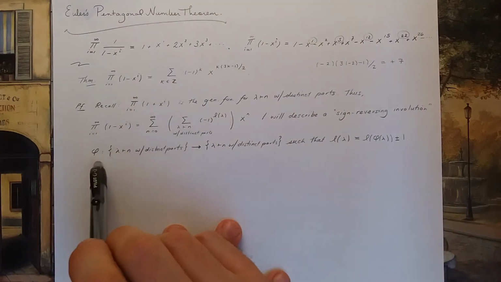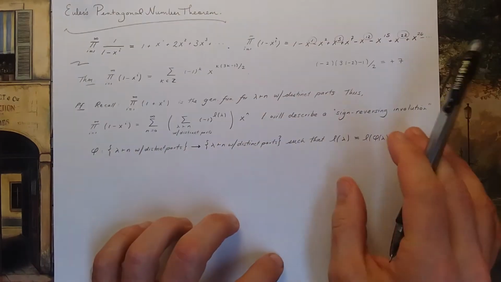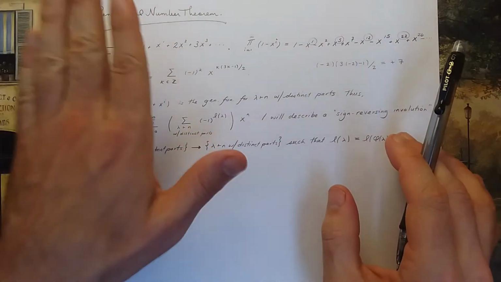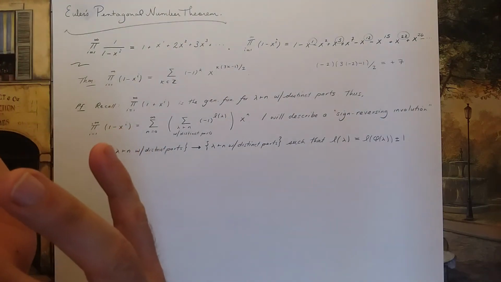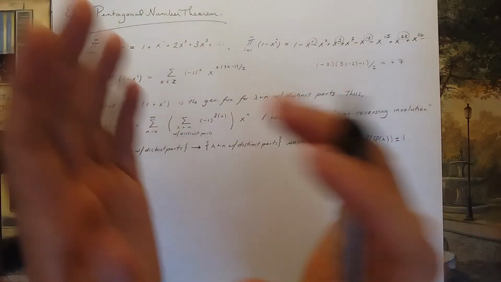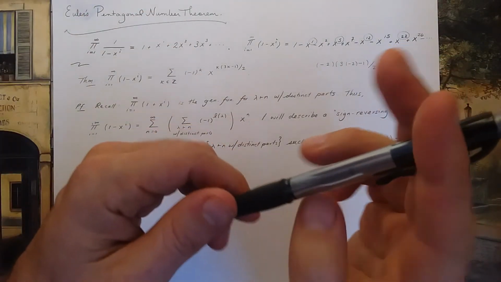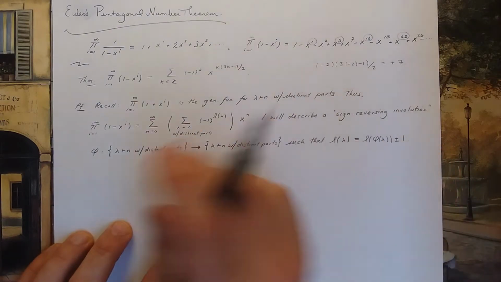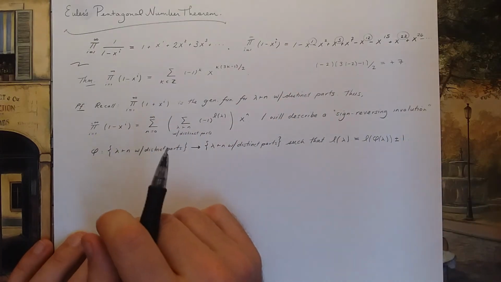It's going to be a bijection that is equal to its own inverse. And what this is going to do is pair up all the integer partitions that correspond to a plus sign with all the integer partitions that correspond with a negative sign and cancel out opposite signed terms. Let me describe this function, and I think from there we'll see really what's happening.